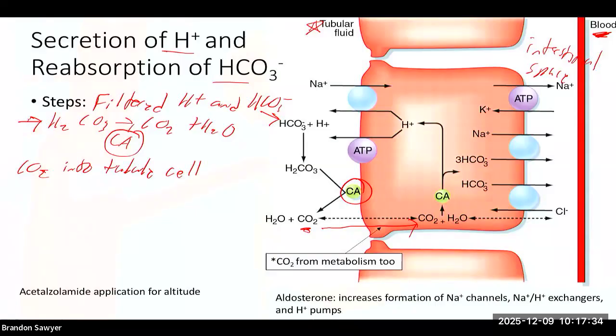Okay, and now we go back through that same process. We combine CO2 and water, right, with the help of carbonic anhydrase again. We go back to carbonic acid, and then we go back to making hydrogen and bicarbonate.